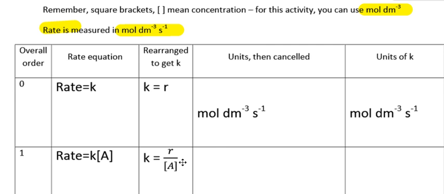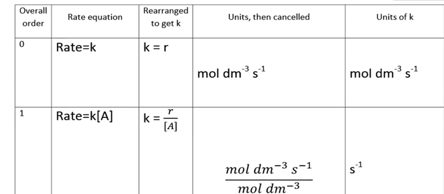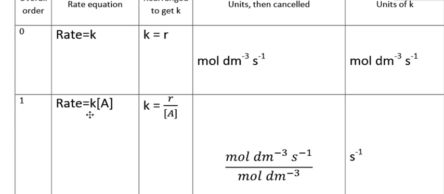When there's only one concentration term in the equation, it's got an overall order of 1, then what we find is that we get moles per decimeter cubed per second, which is the units for rate, divided by the units for concentration. You can then cancel those, since you've got the same on the bottom and on the top, and you're left with the units second to the minus 1.